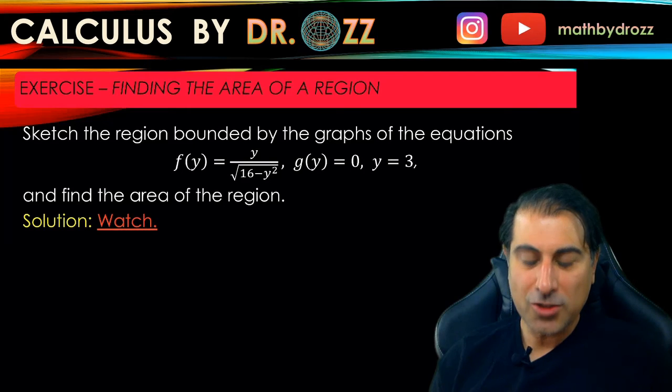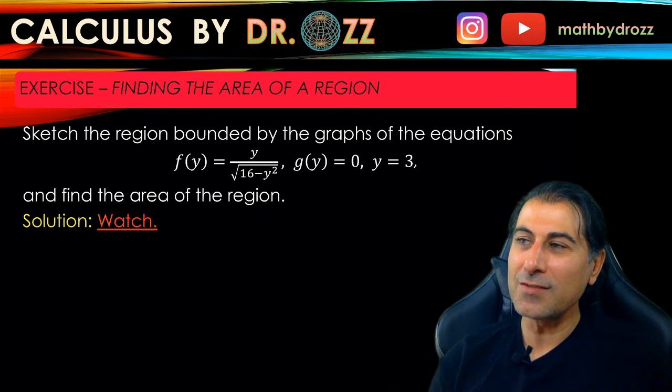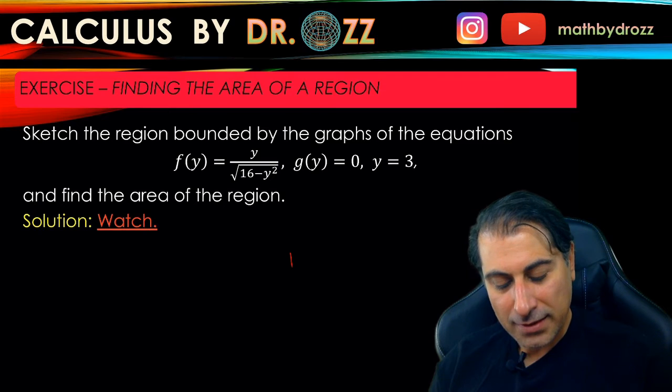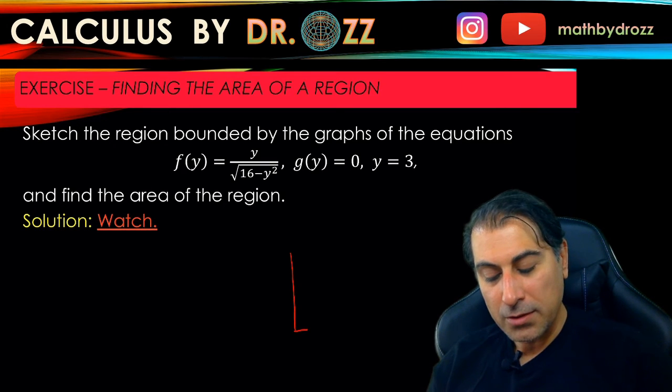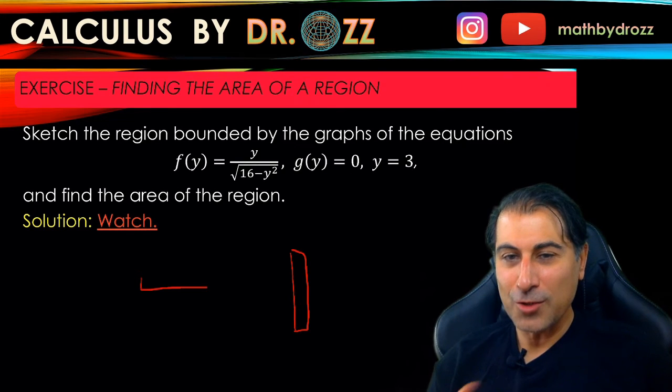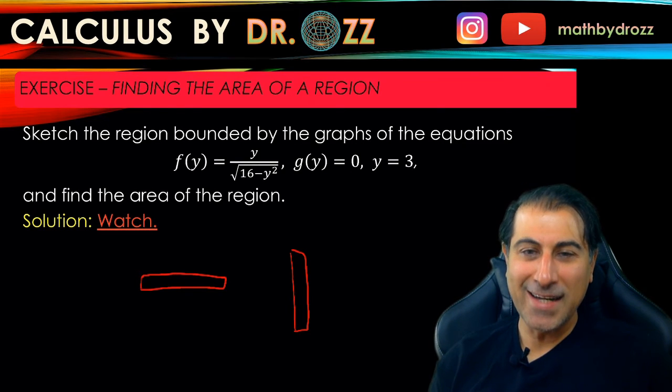And in the next question, please pay attention, because here the functions are given in terms of y. So the representative rectangles are not going to be vertical like this, but they are going to be horizontal, okay? And you will see what I'm talking about when you start checking the video.